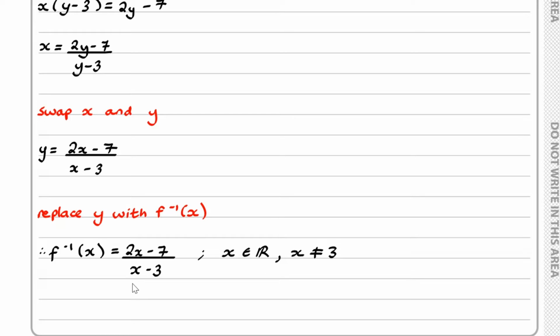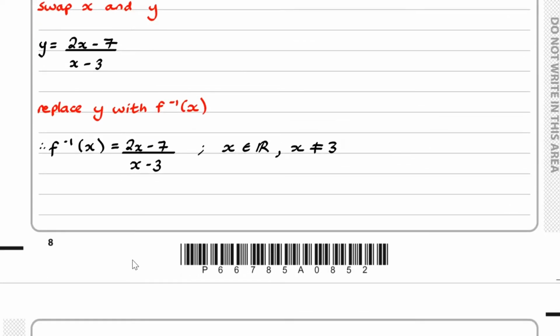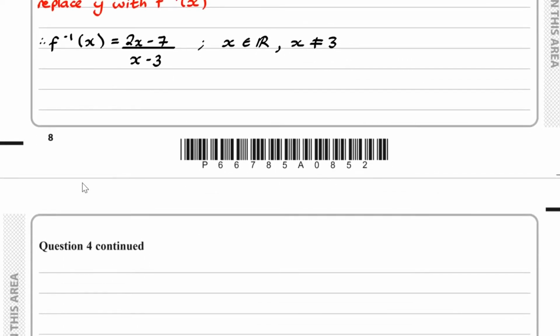And now to find out the value of the inverse of f at the point x equals 7, this will be equal to 2 times 7 minus 7 over 7 minus 3.